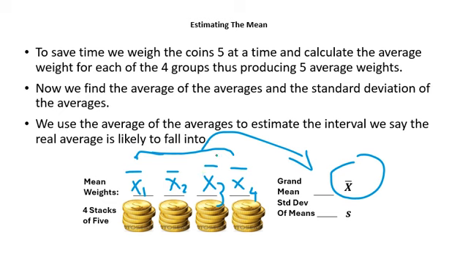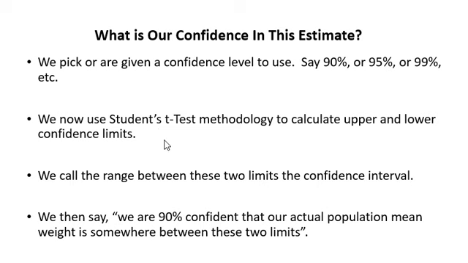We use the average of the averages, which is the grand mean right here, to estimate the interval we say the real average is likely to fall into. Now you kind of get it by looking at the graphical representation here. So what is our confidence in this estimate?